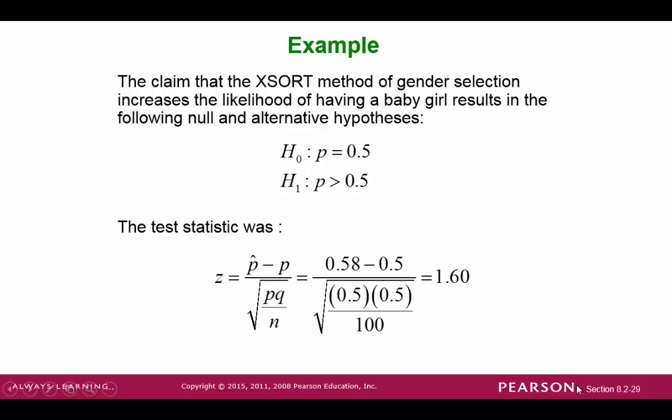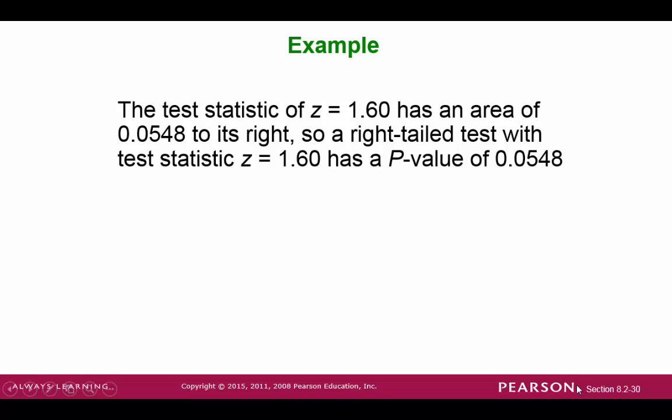In our example, we found that the test statistic was 1.6. If we take a look at the z-value of 1.6, we can find the area to the right of that, since this is a right tail. And the p-value would be 0.054.